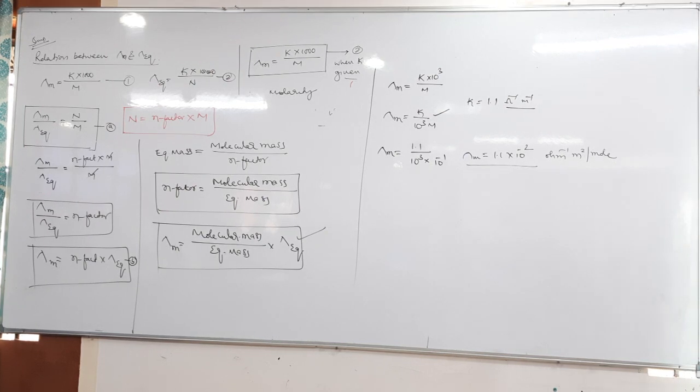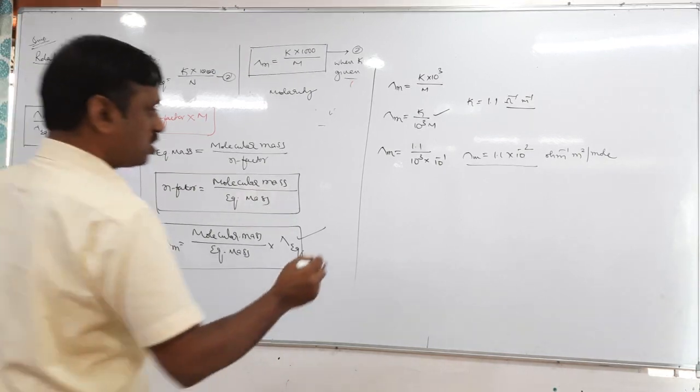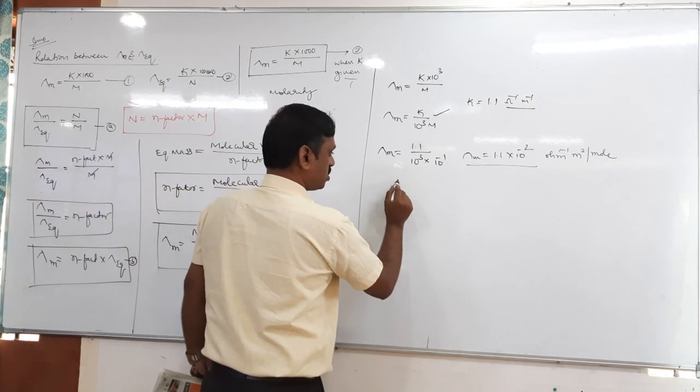So in the question, what is given? The resistance offered by 0.05 M, that is molarity. So write the molarity, M equal to 0.05 NaOH, when measured using a conductivity cell having cell constant G star. What is the unit of G star? This was the previous CD question.